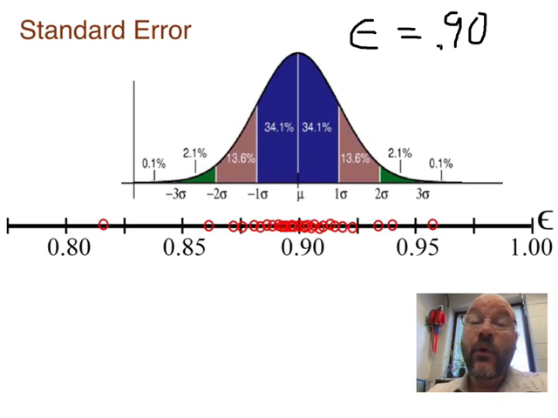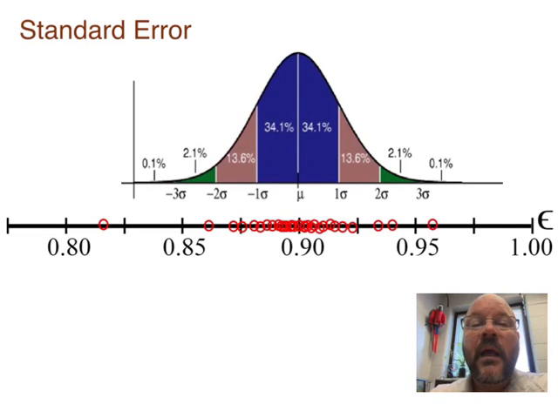And so what we really want to do is to be able to say 0.9 plus or minus something. And that's where standard deviation can come in to help. The standard deviation tells us about the width of the distribution, which in this case is 0.02.